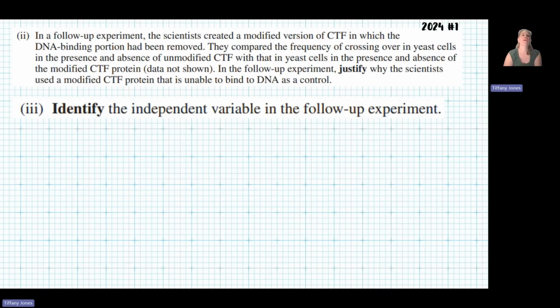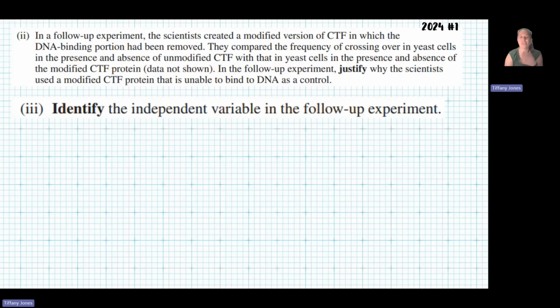And then say, okay, let's do this independent variable in this follow-up experiment. So they gave us a follow-up experiment. They're creating a modified version of CTF in which the DNA binding portion has been removed. I want to compare the frequency of crossing over in yeast cells in the presence and the absence of the CTF, which in the yeast cell is the presence or absence of the modified CTF. So we want to identify what the independent variable is.